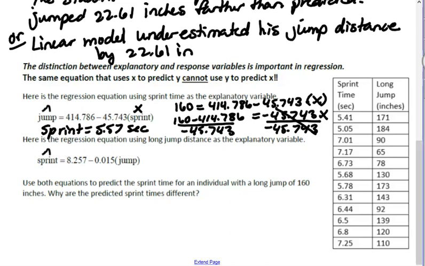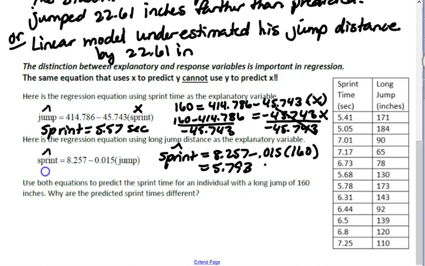So using this line, that's what I would end up with for sprint time. Now the second one is pretty easy because we can just substitute 160 in for the jump. So here I would have predicted sprint time equal to 8.257 minus 0.015 times 160, and I would end up with 5.793.